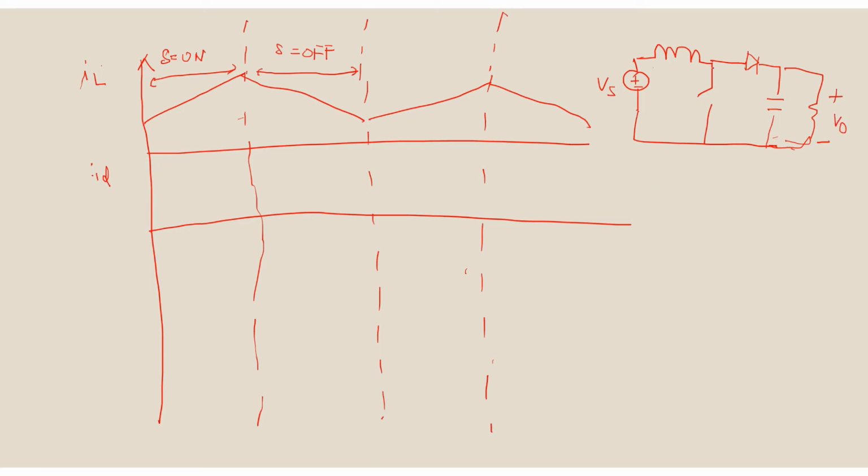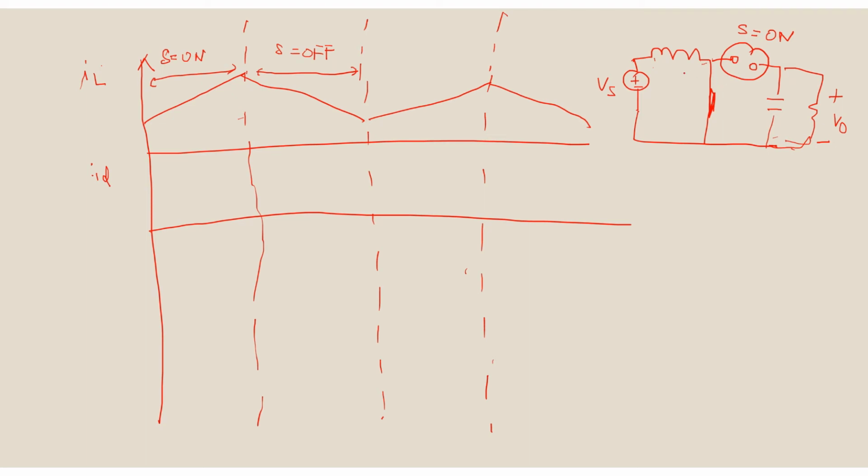Okay guys, if you have a look here, when the switch is on, this part becomes a short circuit, connecting. So what happened to the diode? The diode is off. Once the diode is reverse biased, it becomes an open circuit here.